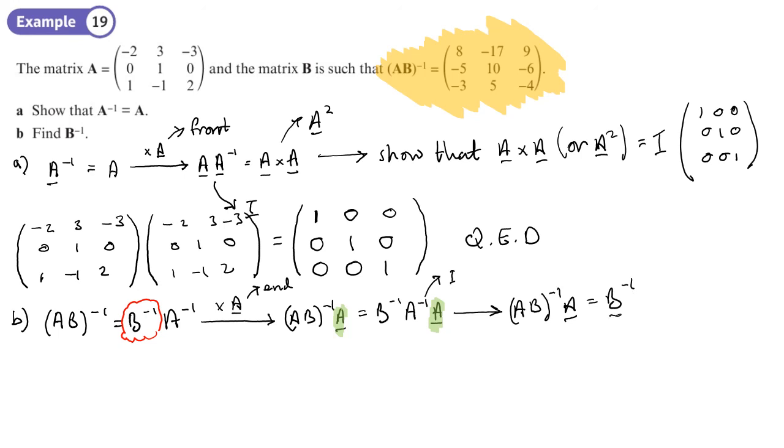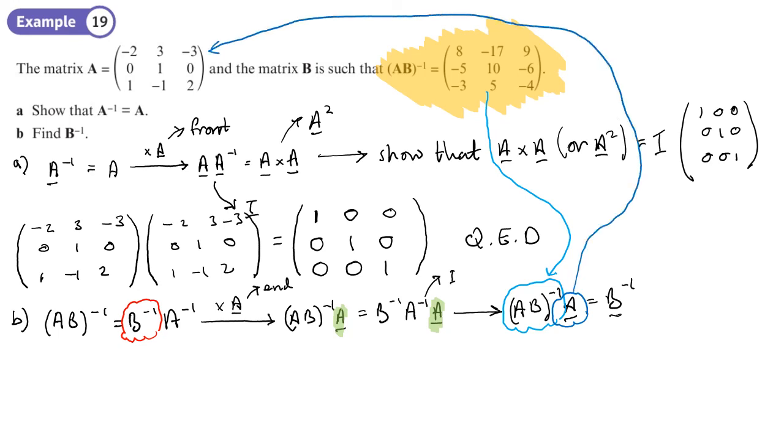Now that shouldn't be too hard because we know this, that was what was given up here. And we also know A, which is right back at the start of the question. So to find B inverse, we just need to multiply these two matrices together.